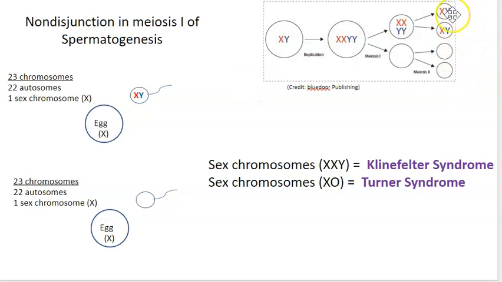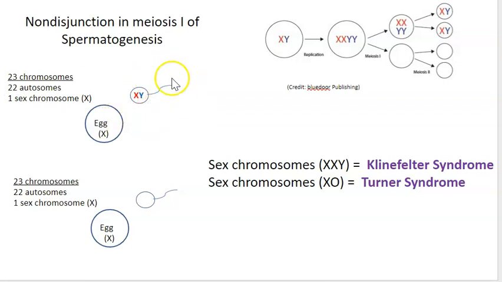So if this little sperm right here fertilizes my normal egg, this little sperm has 24 chromosomes. How many should it have? Hopefully you're sitting there going, there should be 23. Yeah, you're right. There should be 22 autosomes and one sex chromosome.